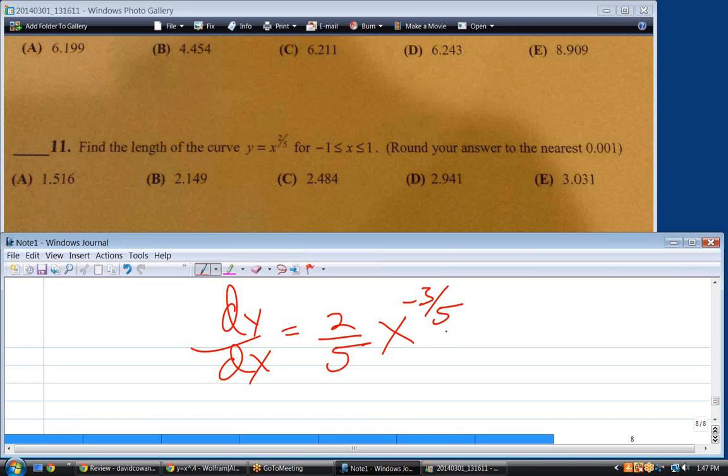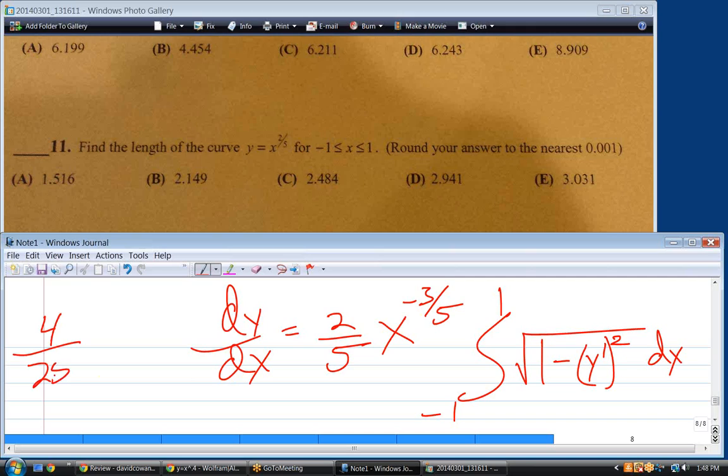So it's 2/5. So we're going to have the integral of the square root of 1 minus y prime squared dx, going from -1 to 1. y prime is that, so y prime squared is 4/25 x to the -6/5.